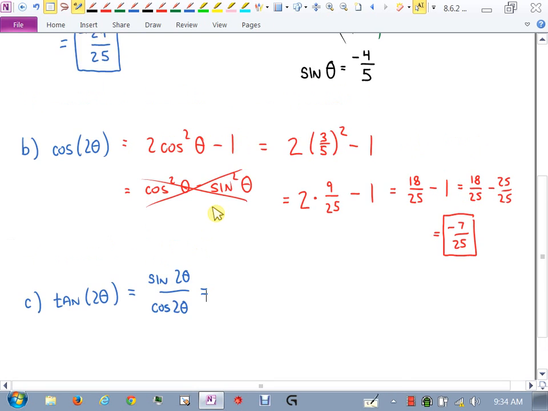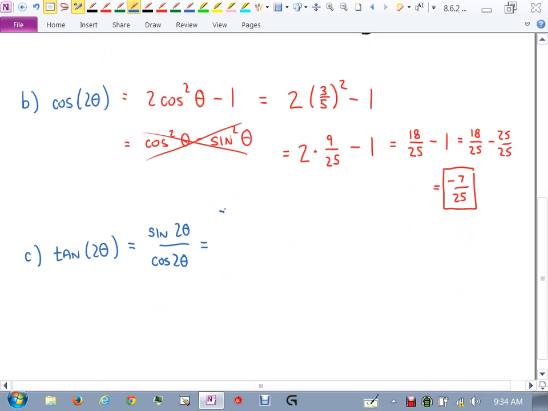Sine 2 theta, we said, was negative 24 over 25. And cosine 2 theta was negative 7 over 25. So if I do the reciprocal up here, flip it, and then negative divided by negative is positive, you get 24 over 7.